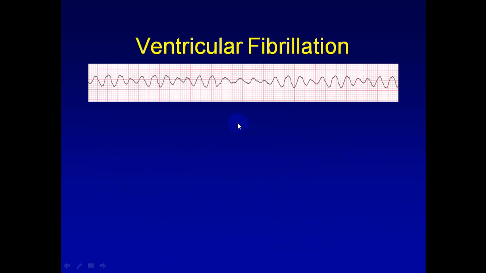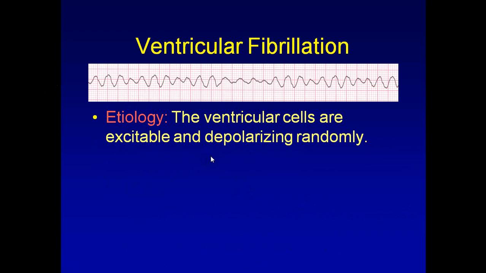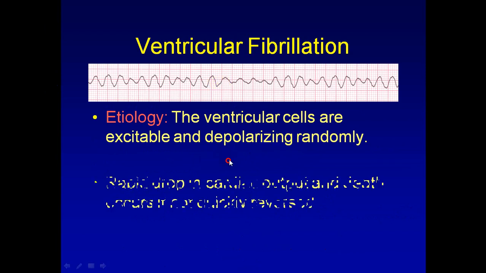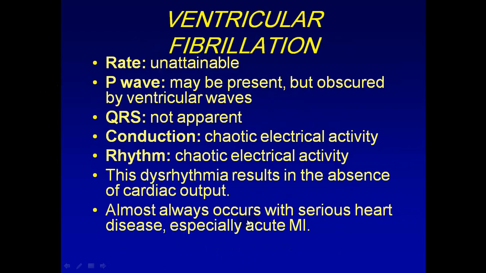Hemodynamically, usually unstable. It's a deviation from normal sinus rhythm, completely abnormal, and the ventricular cells are excitable and depolarize randomly, with a rapid drop in cardiac output, blood pressure, pulse rate and consciousness, and death occurs quickly if not urgently reversed to normal, usually by cardioversion, DC. So in ventricular fibrillation the rate is unattainable; we can't count it.